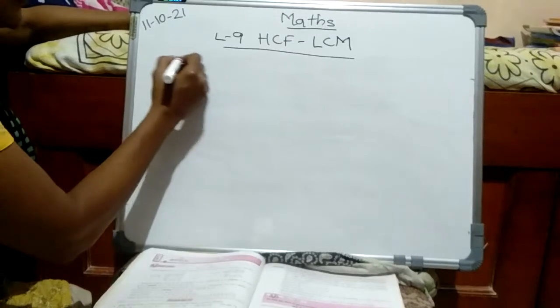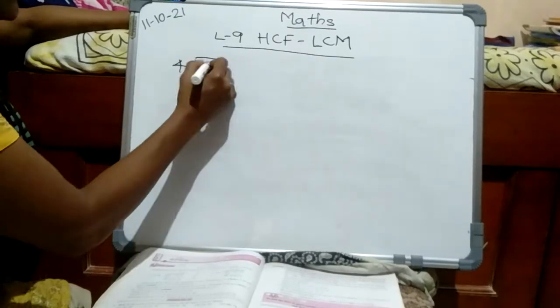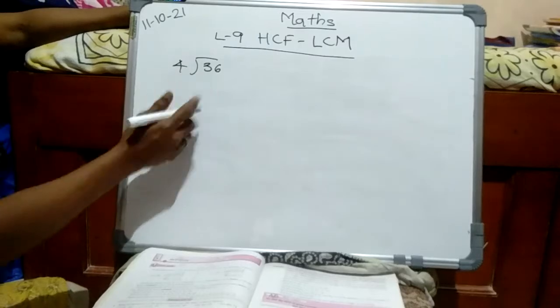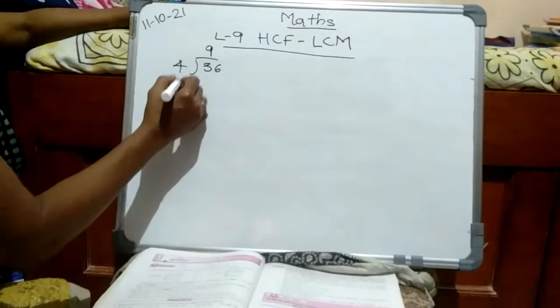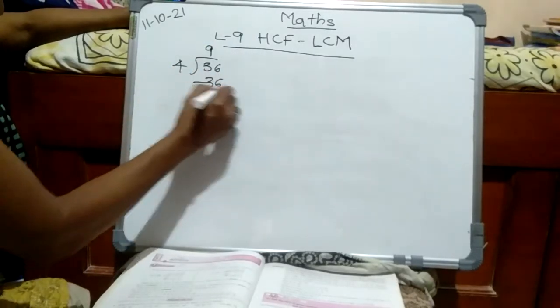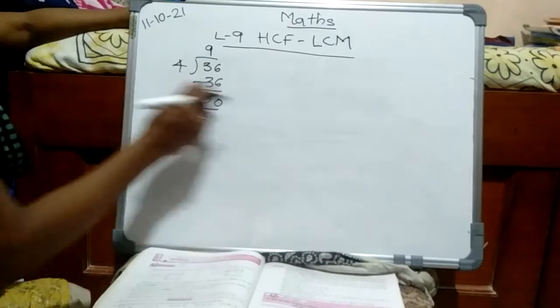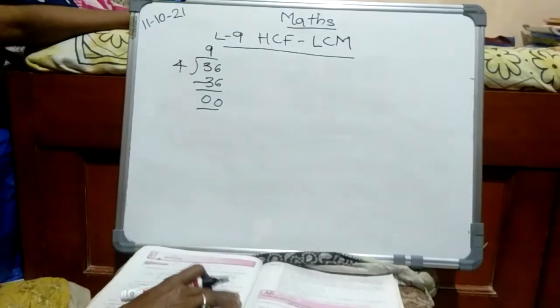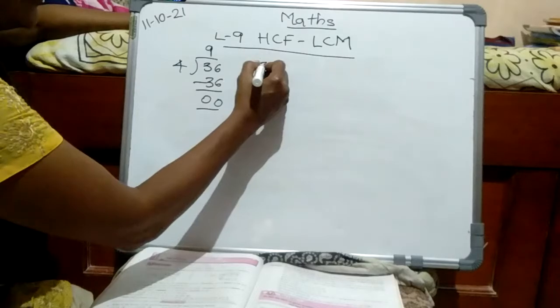Suppose we have to take 36 divided by 4. Okay, now 4 goes completely into 36 how many times? 4 nines are 36. Okay, it means what? That 4 is a factor of 36.